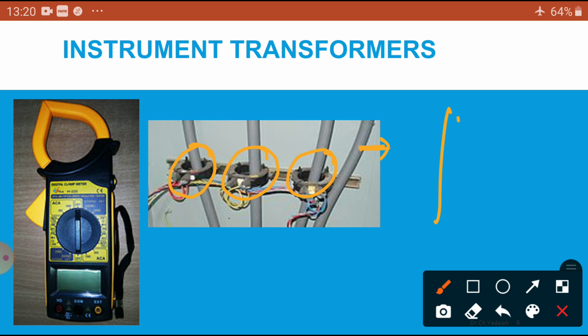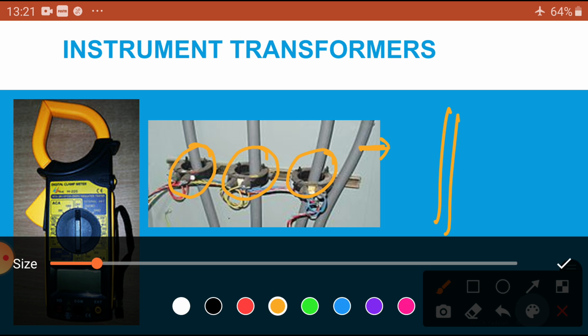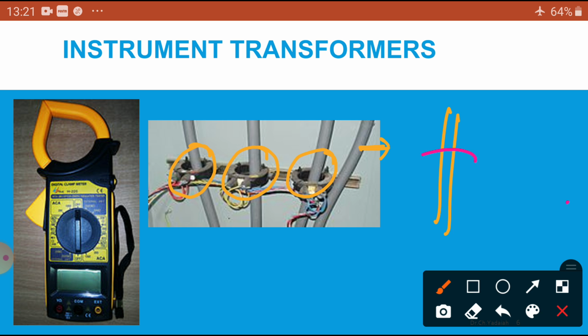Whatever the cable is going, I just connected the one coil. You can see this coil connected, just placed here, no cutting. It acts as a primary and this acts as a secondary, just like a transformer effect. This cable acts as the primary and this coil acts as the secondary.